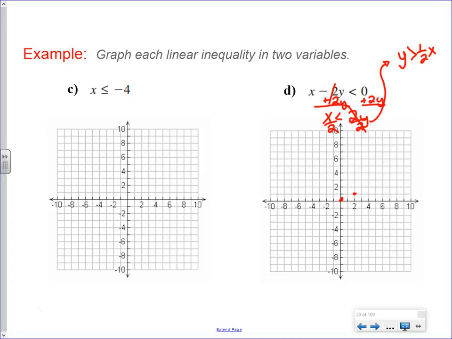Question, can I use 0, 0, dashed or solid? Dashed, because it's not equal to. Can I use 0, 0 as my test point? No. But give me something, anything I can use. 2, 2. Now we can use it. Don't worry, 0, 0 is a great guy to use, but if he's on the line, we can't use him. We're gonna have to use another point to go from there.